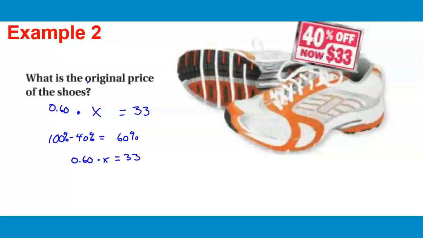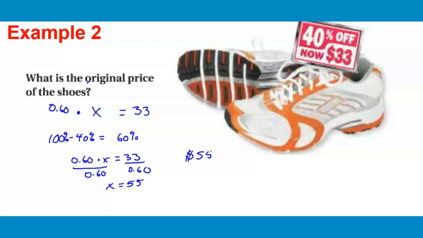So how do I get X by itself? We have to undo multiplying. So I'm going to divide by 0.60. So calculator for sure, 33 divided by 0.60 or just 0.6, same thing. And that comes out to 55. So X equals 55. So our original price was $55.